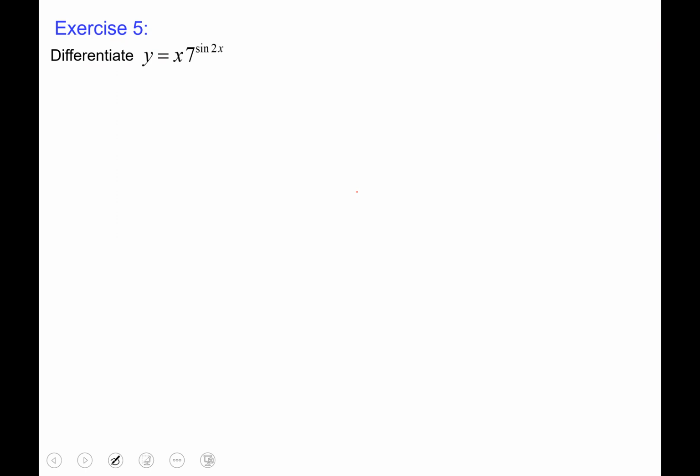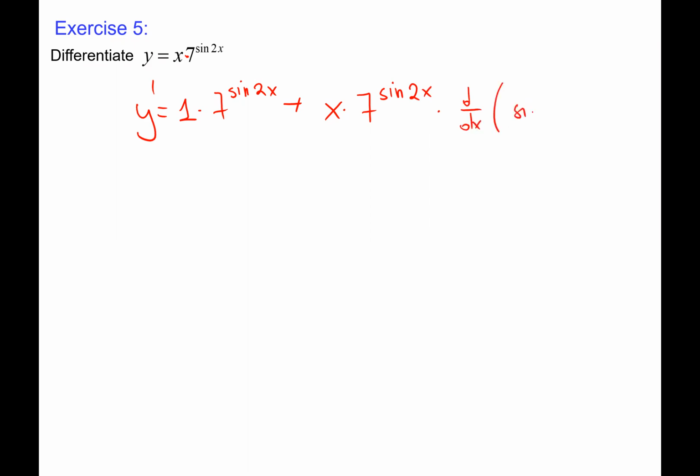Differentiate y equals x times 7 to the power of sine of 2x. Product rule, and inside the product rule, an exponential function and chain rule. The derivative of x is 1 times the second function, plus x times the derivative of 7 to the power of sine of 2x, which is the same function, 7 to the power of sine of 2x, times the derivative of sine of 2x.